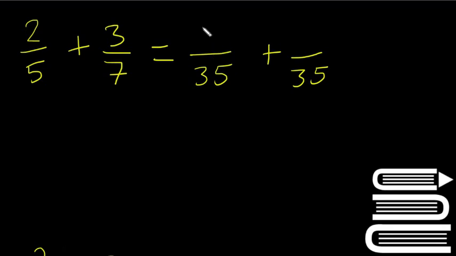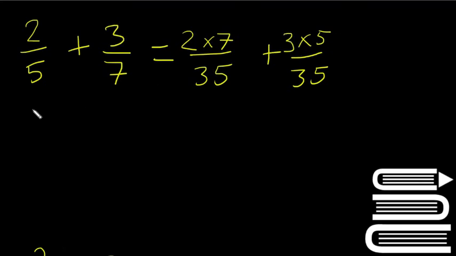The way you find out what goes in the top, you're going to go 35 divided by 5, so 5 into 35 is going to be 7. Write that up there, multiplied by whatever number was on the top, which is 2. And you do the same for over here. 7 into 35 is going to be 5, and then you multiply that by what you had on top of the 7, which was 3.